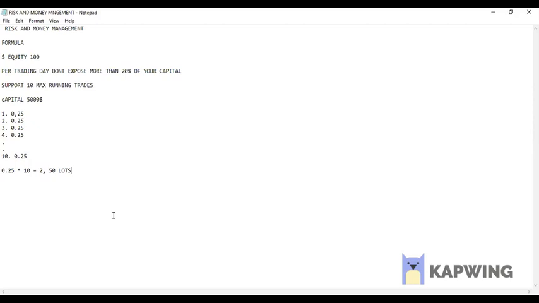You understand, right? So my advice would be, put 2% per trade, maximum 10. There's no way you are going to lose all of the 10 trades. Is it possible? Okay, fine. Let's say they are all wrong.